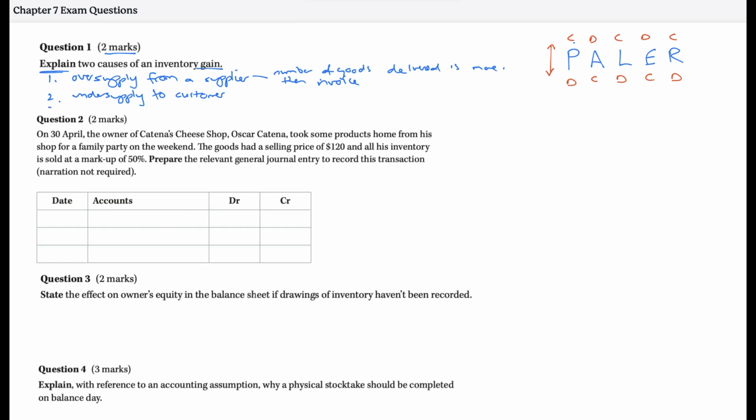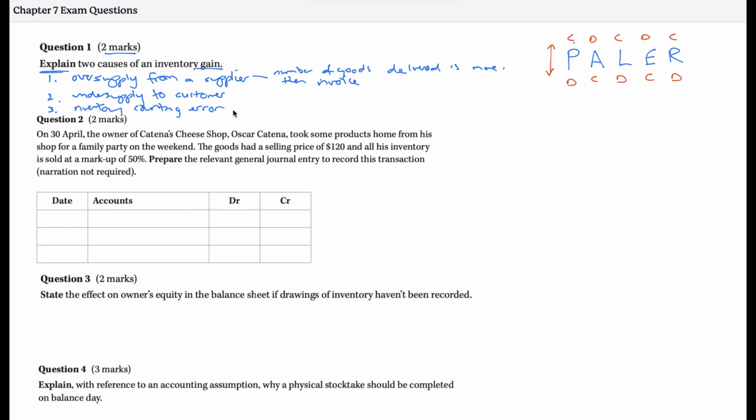The other reason we could also have is there could be errors when we recorded it in the inventory card. There was not more or less going to suppliers or customers. It just could be an inventory counting error. And be very careful. If you just wrote inventory counting error, you would not get that second mark because you need to say where a reason we could have a gain.